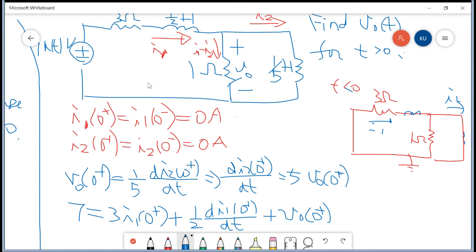So we write the KVL for this loop. It will look like this.